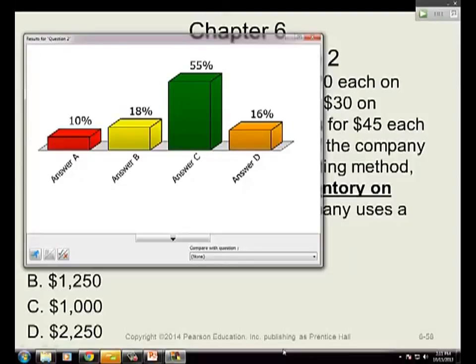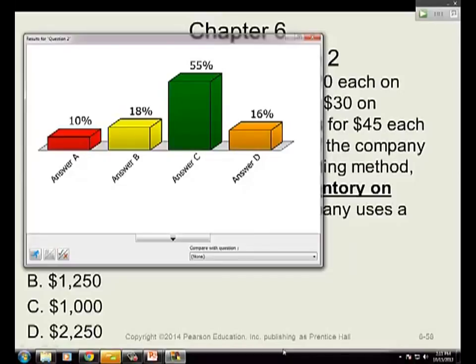So you have January 1st, and then on February 28th they purchased 100 units, one at 20 and one at 30. So that's how many you have available. How many units did you sell?